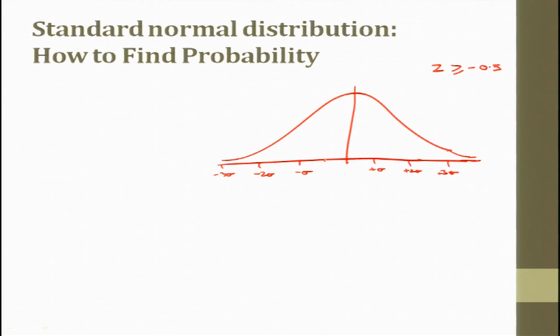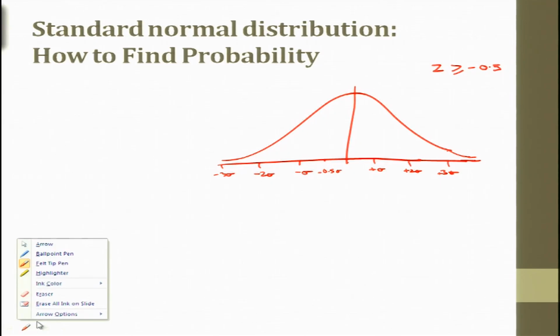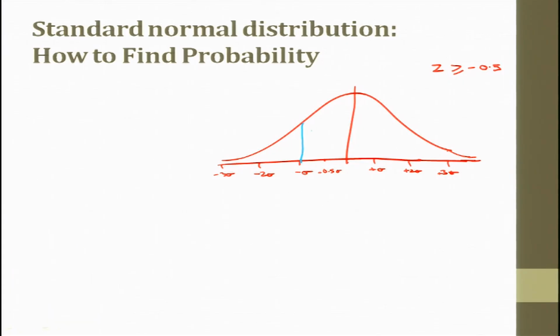I will just mark the value minus 0.5 sigma. Okay, now this is the line I need to mark here. I will shade the area. Now, I need this value. I will do it by taking some numerical problems.